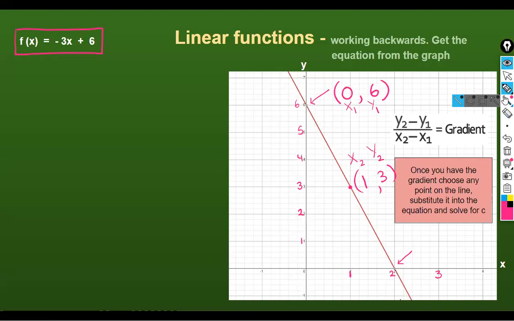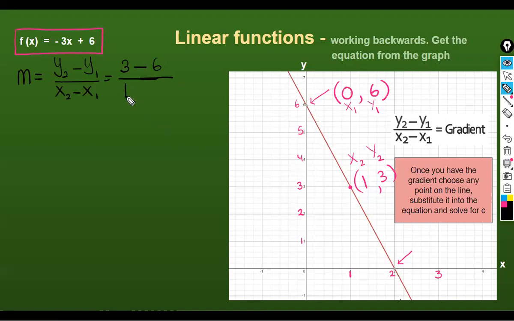So let's find our gradient, right? We'll clear up some space here. To find the gradient, or the letter m, it's y2 minus y1 divided by x2 minus x1. Let's throw it into the formula here. Where y2? y2 is 3. I must put a minus sign, that's part of the formula. y1 is 6. x2 is 1.